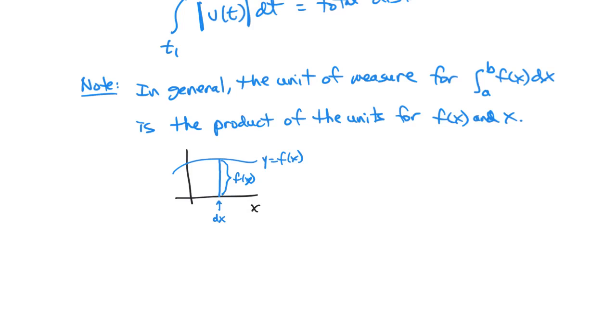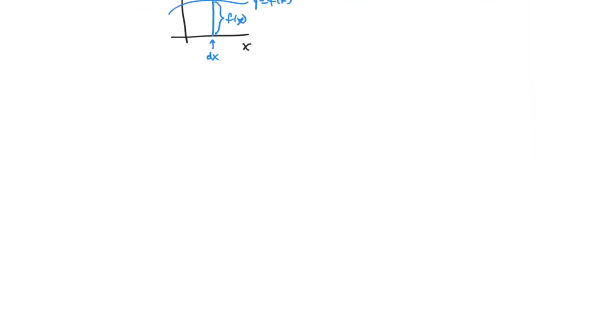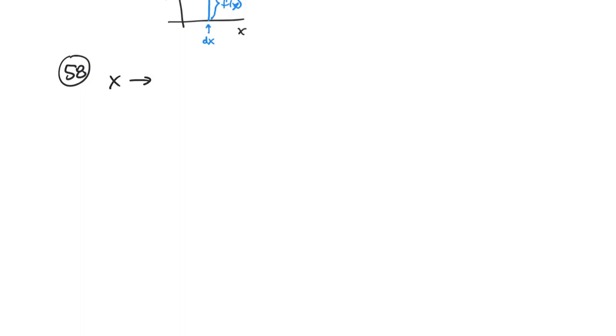So with this in mind, let's try number 58. This is on page 410, and it says, if the units for x are feet and units for A of x are pounds per foot, so I'm just going to write this down: the units for x are feet, the units for A of x are pounds per foot.